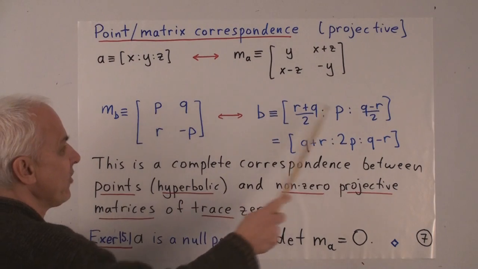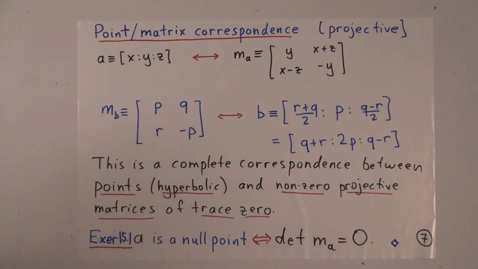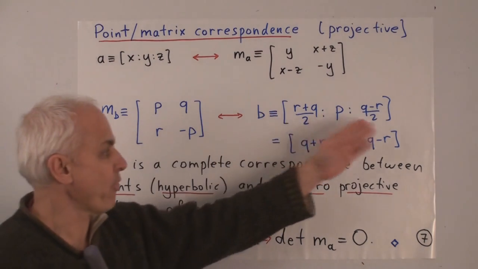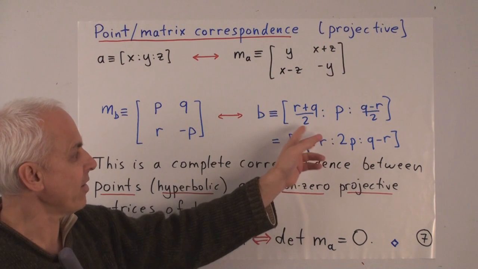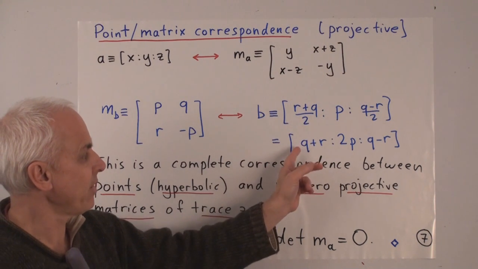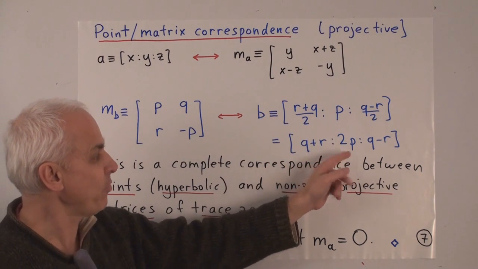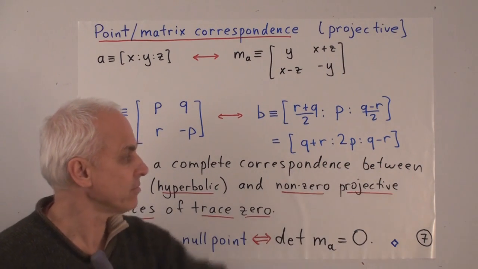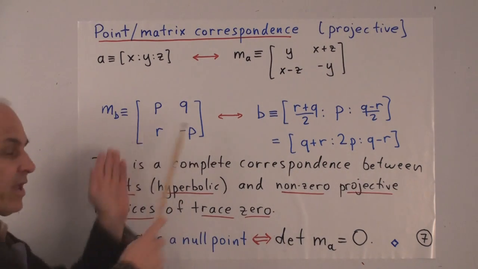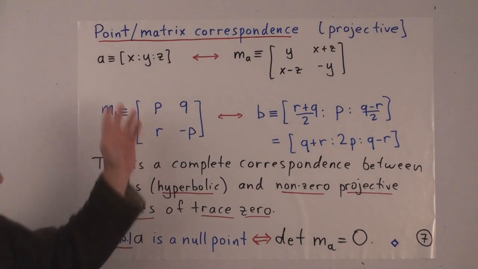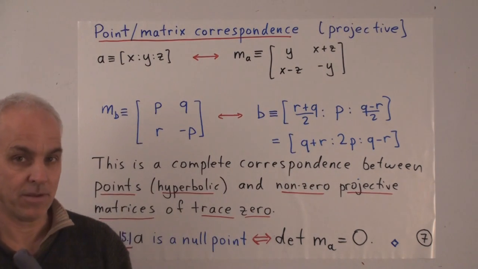So it's Q minus R divided by 2. And since it's just a proportion, we can multiply by 2, giving us Q plus R to 2P to Q minus R. So if we start with a trace 0 matrix, then that's the associated point.